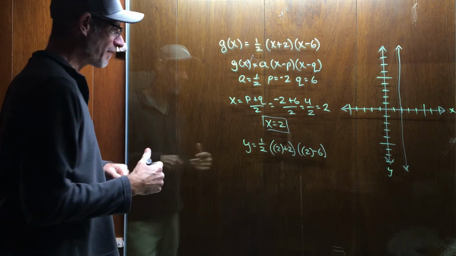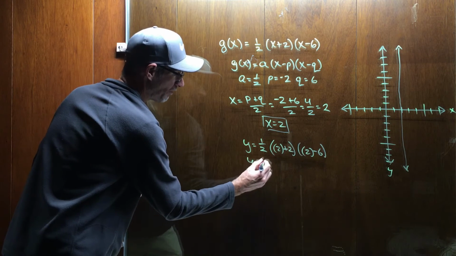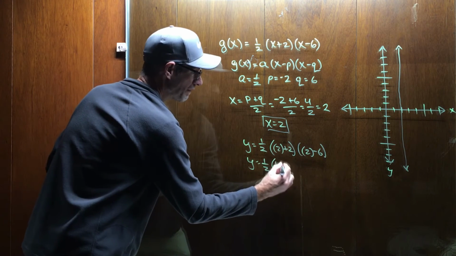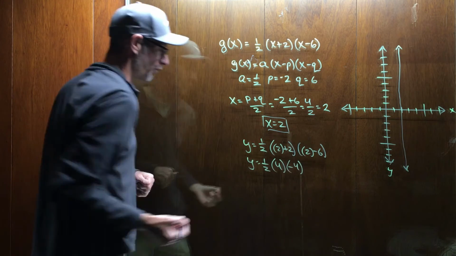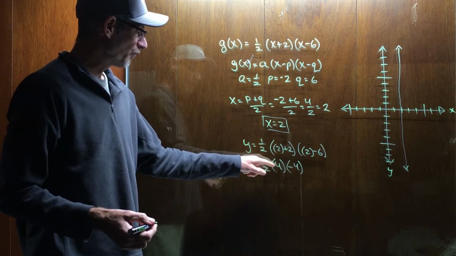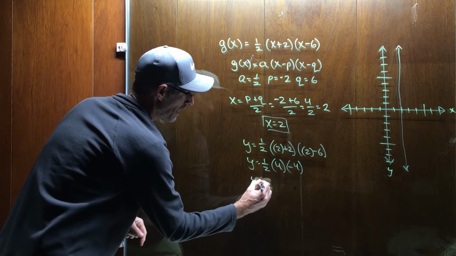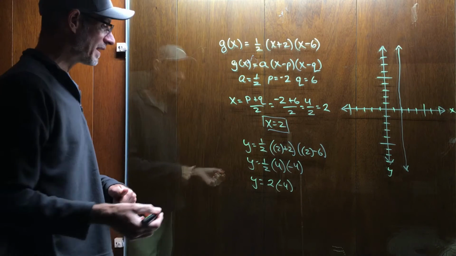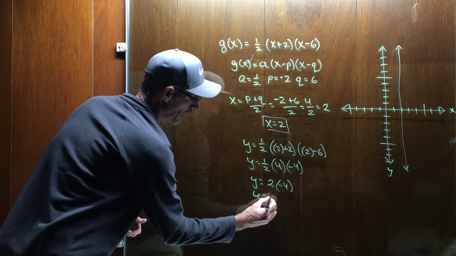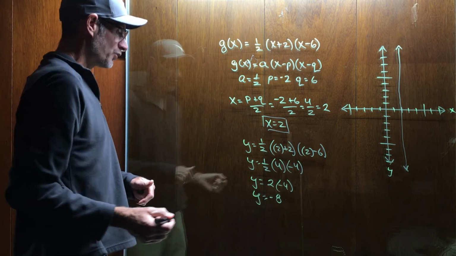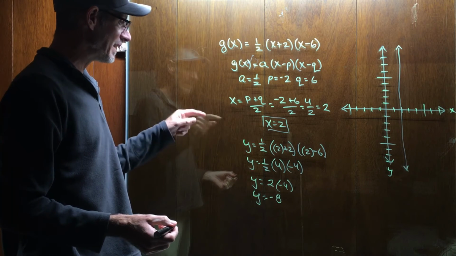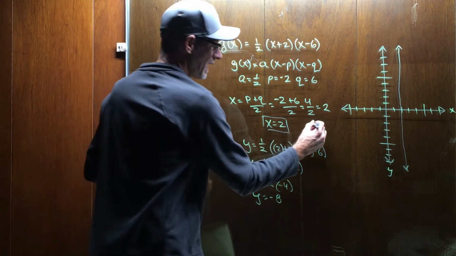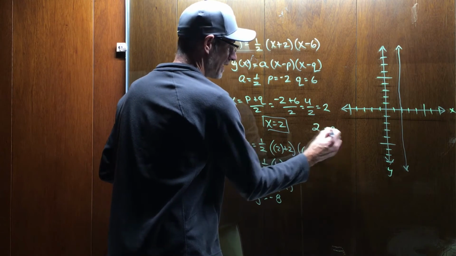Now we do the math in the parentheses, and we have y equals 1/2 times 4 times -4. Now 1/2 times 4 is 2, so we'll have y equals 2 times -4, and 2 times -4 is -8. So y equals -8. The y-coordinate of our vertex is -8, so our vertex will be at (2, -8).